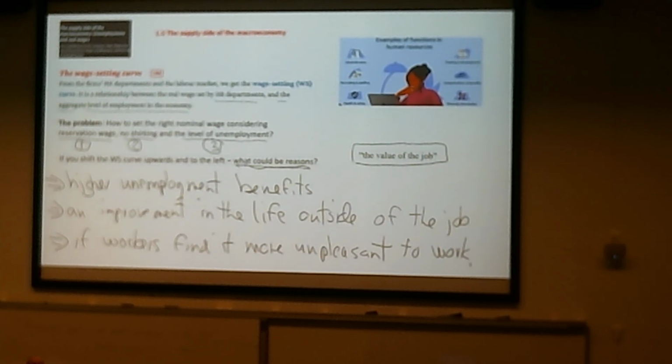It's a reason why you will not skip working at Amazon. But on the other hand, what do they do? You have to download the app, so they can follow how many times you went to the toilet during the day, how many breaks you were standing still for several minutes. They can watch you and follow you everywhere. So this thing about no shirking, it's very easy to find out if you shirk or not. So this is one part of the main model in macro.